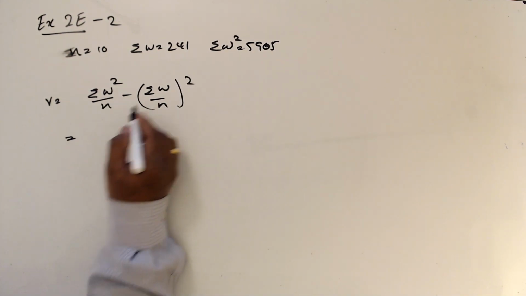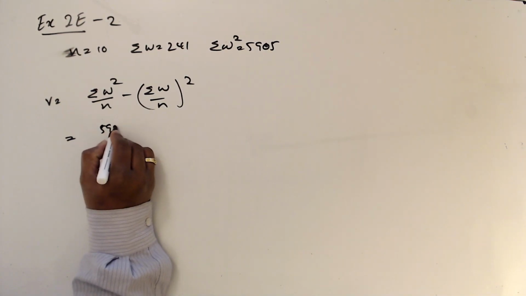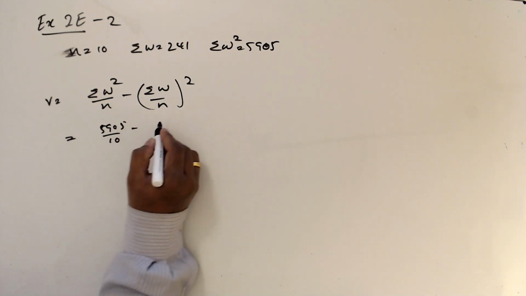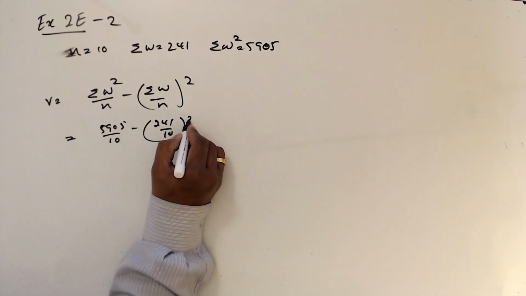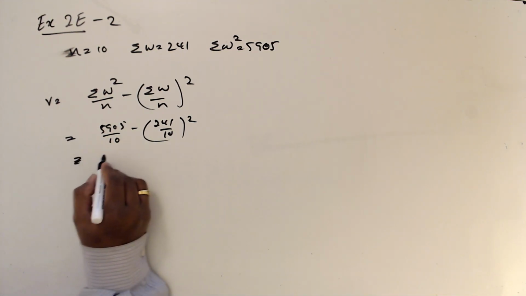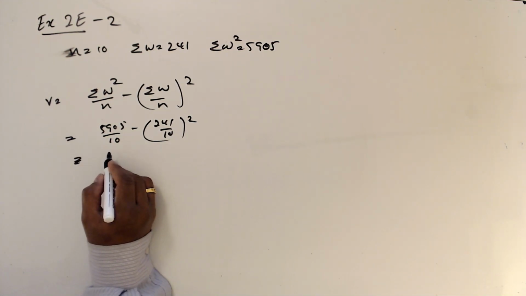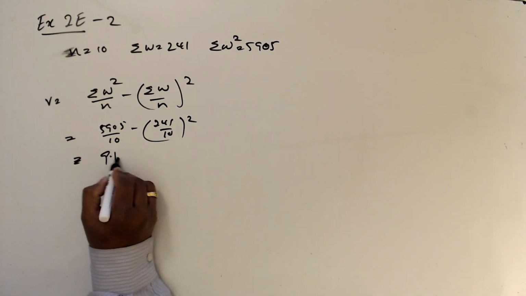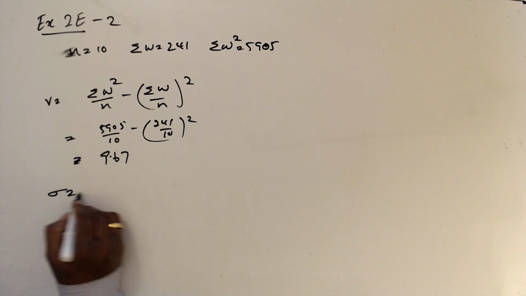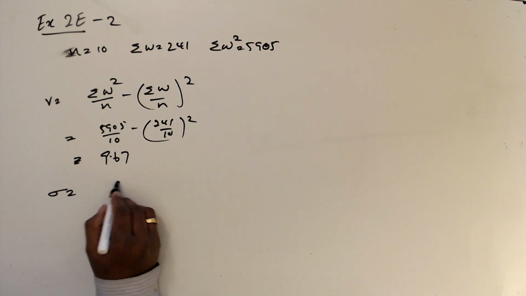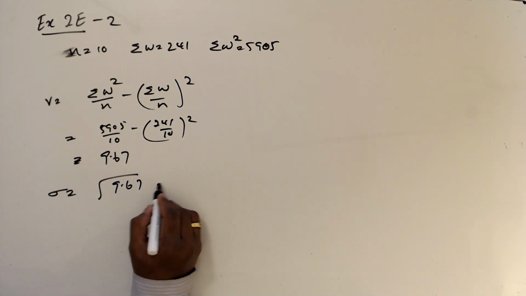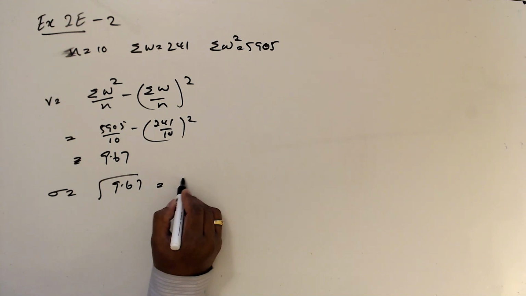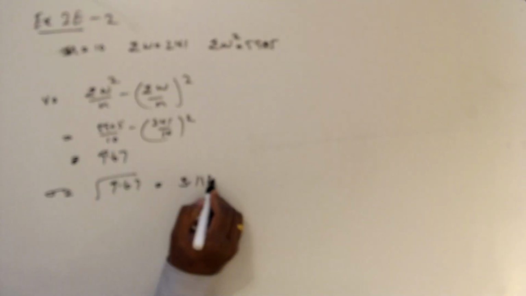So this is going to be 5905 over 10 minus 241 over 10 square, so this value is going to be 9.67, so sigma equals square root of 9.67, the standard deviation, which is around 3.11 kg.